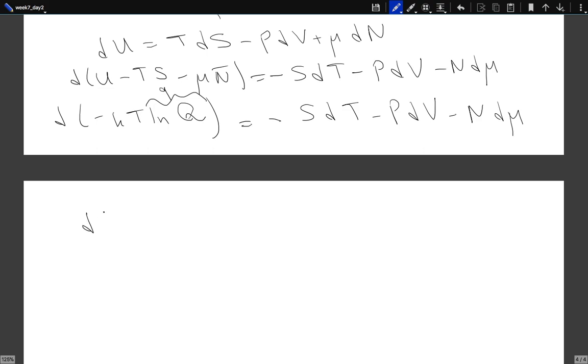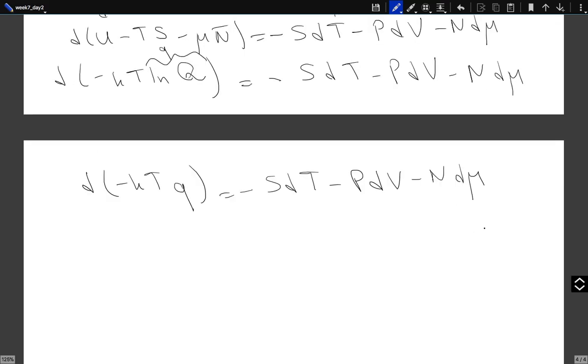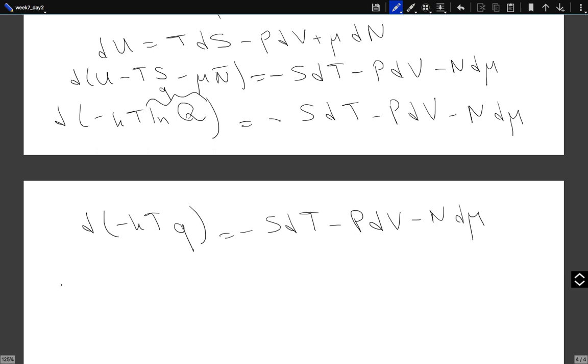Let me just rewrite it once more. Now the Q is defined as minus beta (U minus TS minus mu N bar) also.